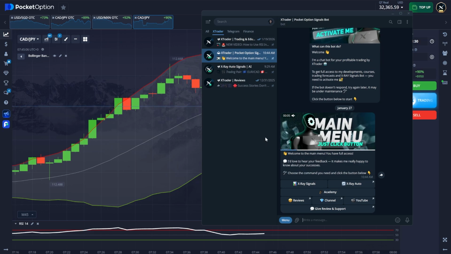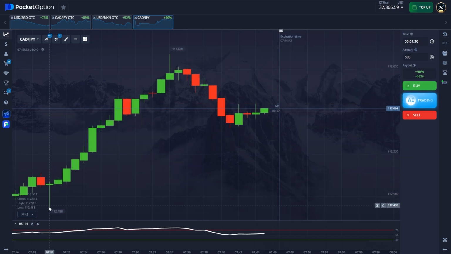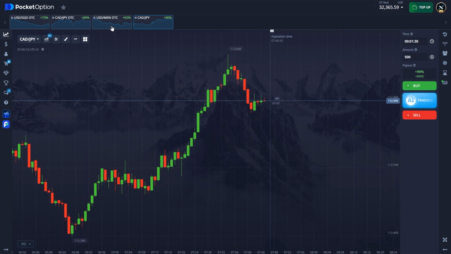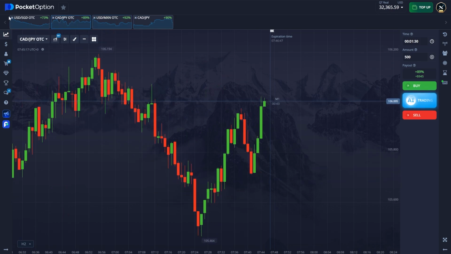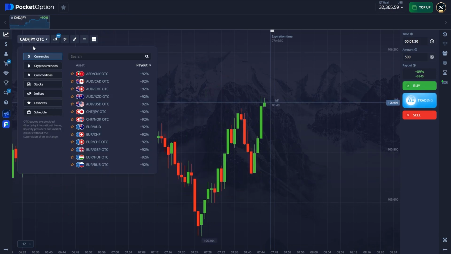First, we turn off all indicators for a completely clean chart. The bot works exclusively on financial market currency pairs, so you can trust the signals are based on real trading conditions. Navigate to the signals section and choose your preferred currency pair.